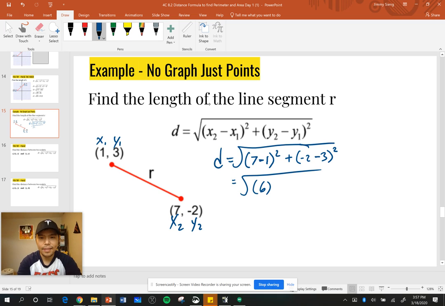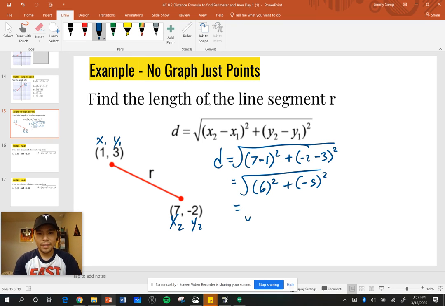I got 6 squared plus negative 25 squared. Whoa, see, this is what I'm talking about. Negative 5 squared. Doing that thing where I'm jumping ahead. Simplify that. You get square root of 36 plus 25. Okay. That turns into the square root of, what is it, 61?